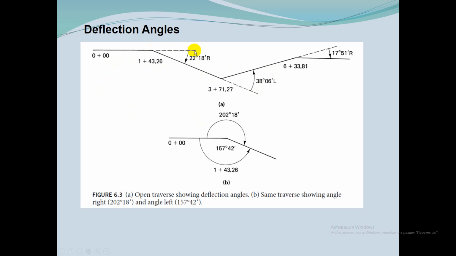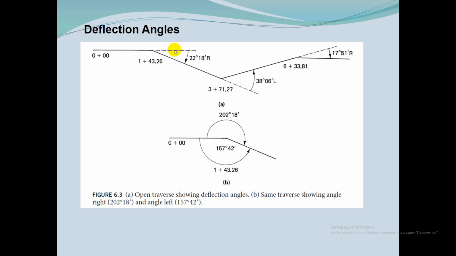The angles are measured either to the left or to the right of the projected line. The direction L or R must be shown along with the numerical value.